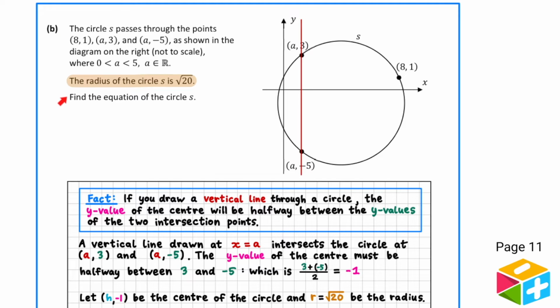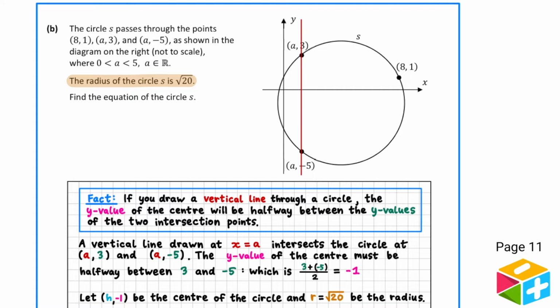We must use this information to find the equation of the circle. A very useful fact here is the following. If you draw a vertical line through a circle, the y value of the centre will be halfway between the y values of the two intersection points.